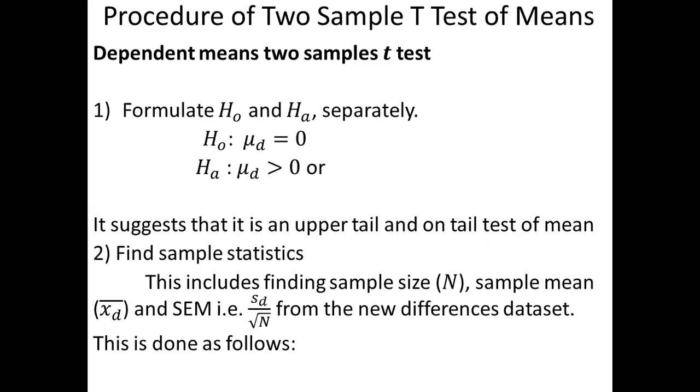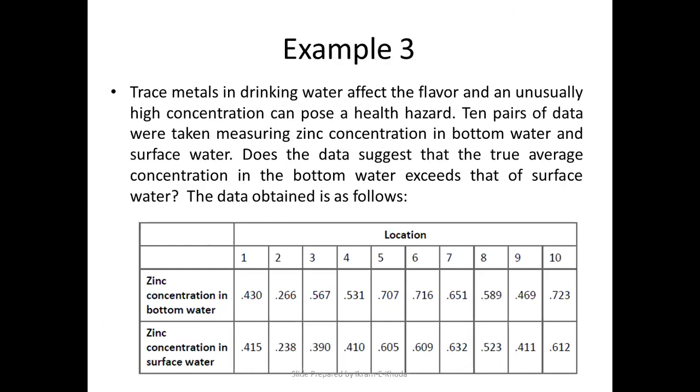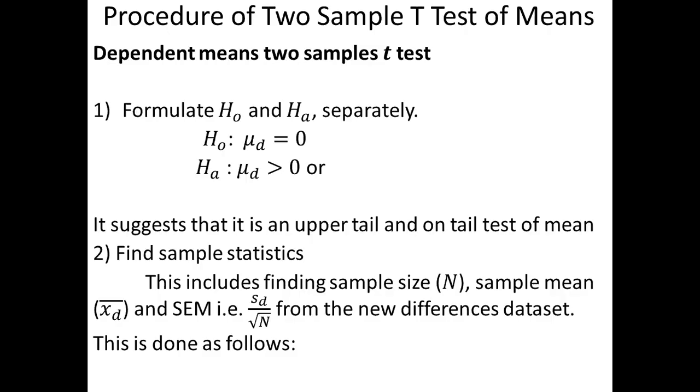And we write in the hypothesis that mu d is equal to 0, that is, there's no difference between the two subpopulations. And since we have to find whether the true average concentration in the bottom water exceeds that of the surface water related to the zinc, therefore, the mu d is greater than 0. In this case over here, mu d is greater than 0.